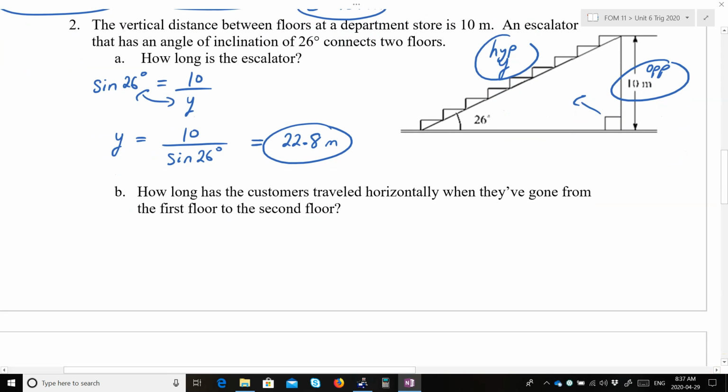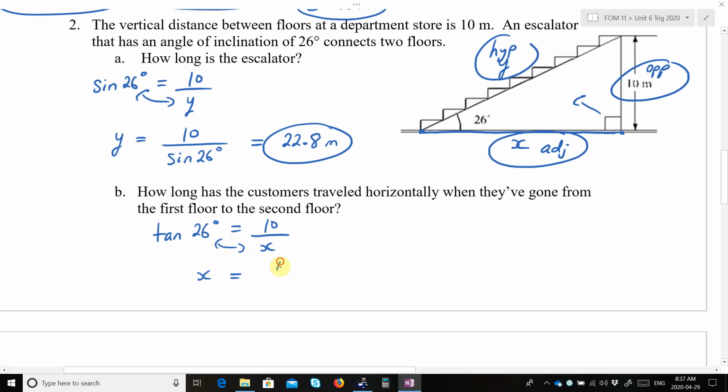Okay, and part B, how long has the customer traveled horizontally when they've gone from the first floor to the second floor? So the horizontal distance that you would travel is this x along here. That's how far you would travel horizontally. That is the side that is adjacent to 26. We've got the opposite side as an exact figure, 10, and we're looking for the adjacent, so we would use tan. Tan of 26 equals opposite divided by adjacent, and those switch.